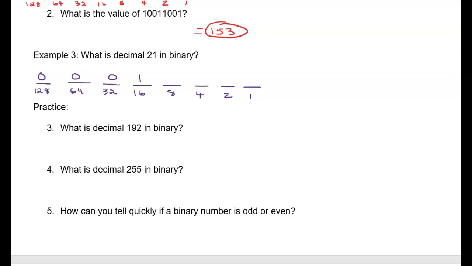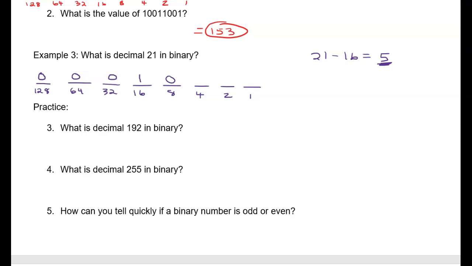And so if I have 1 16, if I have the number 21, and I already know that 16 of those numbers have been accounted for with this one binary digit of 16, then I know that I just have 5 left over to work with now. So now I have the number 5. Can 8 go into 5? Are there any 8s in 5?